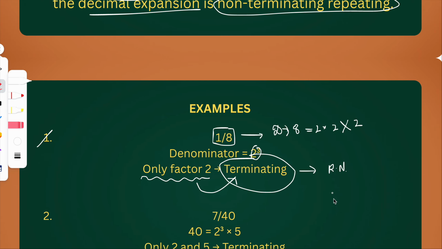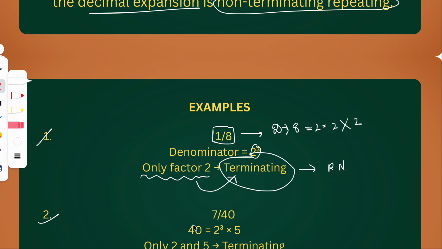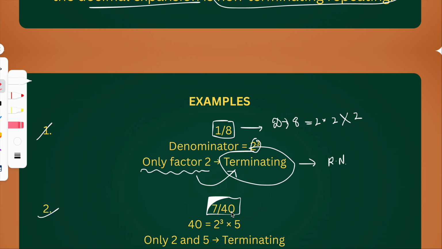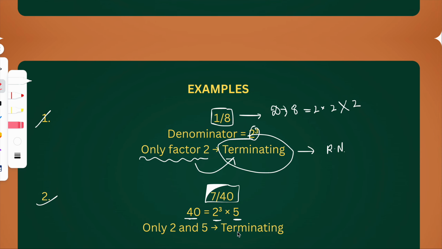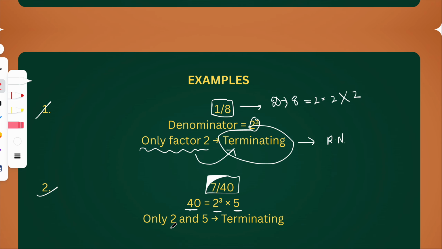If we take another example of 7 by 40, now we have to guess whether the number is a rational or an irrational number. So here it cannot be further simplified, so the denominator is 40 only. And 40 can be written as 2 cube into 5. So here we can see that the only factors are 2 and 5.